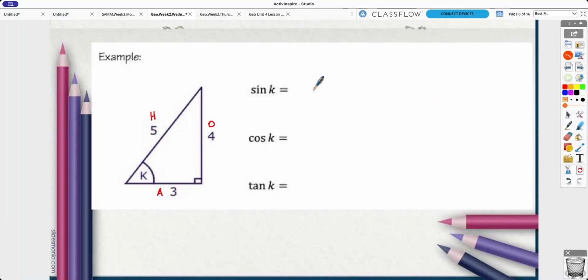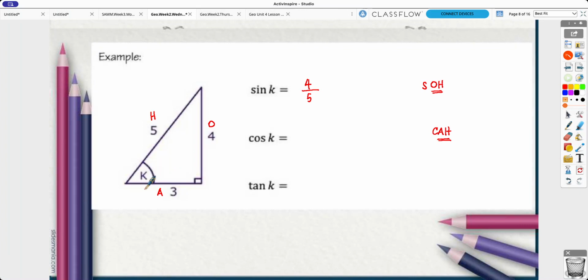So remember, sine is opposite over hypotenuse. So we're looking at the opposite side and the hypotenuse. The O, the opposite side, is 4, and the hypotenuse, the H, is 5. Now for cosine, cosine is the CAH, which means we want the adjacent over the hypotenuse.